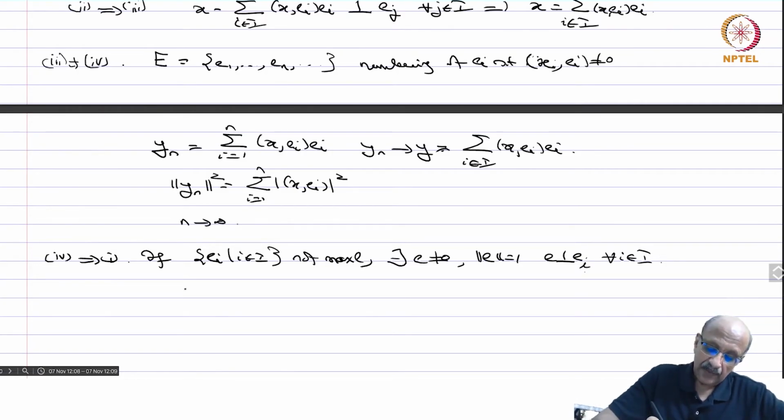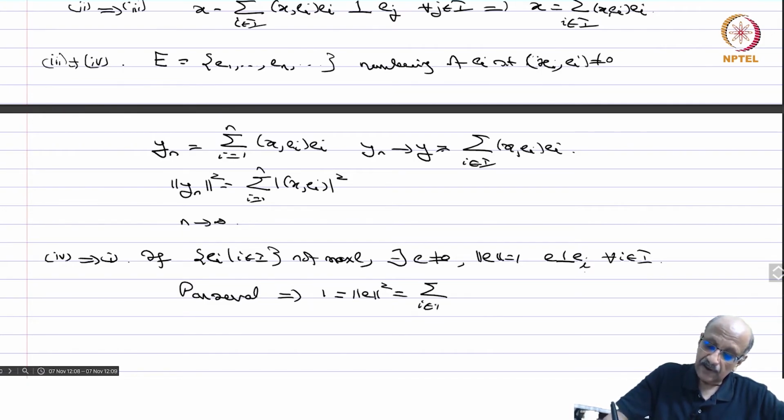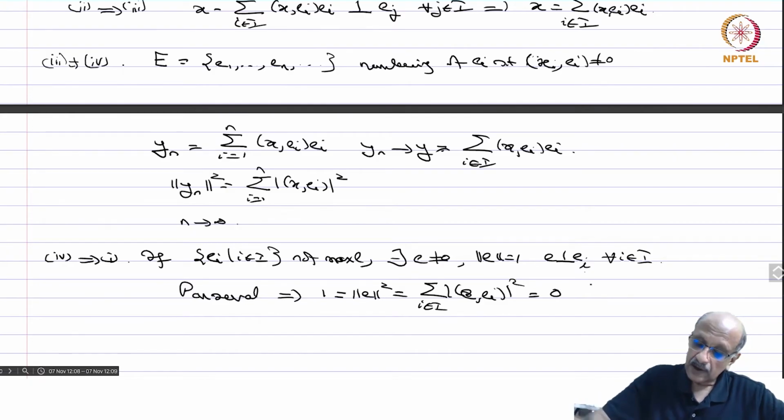But then by Parseval, 4, norm e squared is equal to the sum over i in I of mod (e, e_i) squared, and that is 0, and that's a contradiction. So this proves the theorem completely.